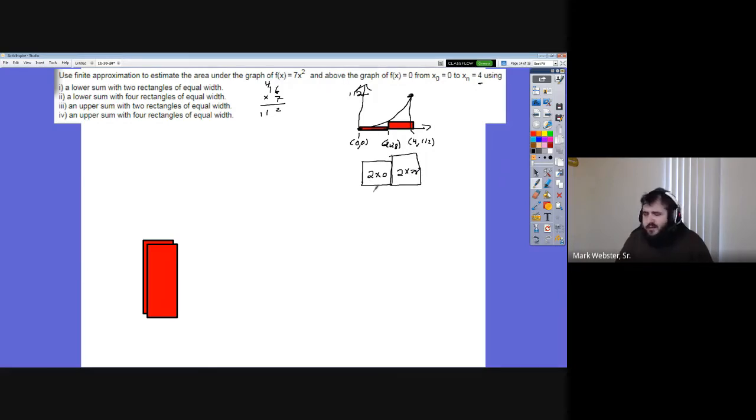So if I find the area, 2 times 0 is 0, 2 times 28 is 56, and then I add these together, and I get 56. So if I'm working with 2 rectangles of equal width, then their area is approximately 56 units.